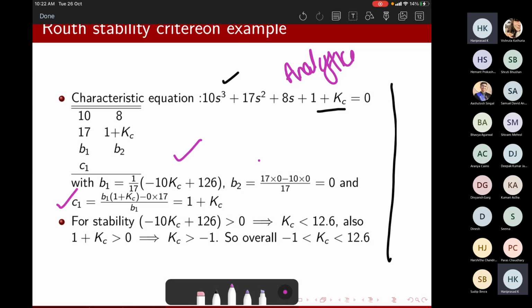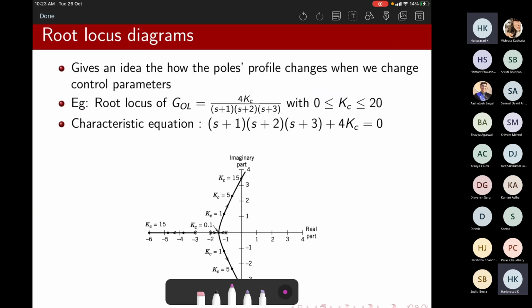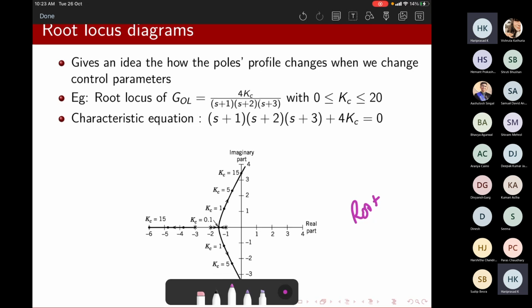It is numerical, and it gives you an analytical solution of whether there is stability or instability. But somebody would like to look graphically at how this happens. Then you will be able to draw something known as the root locus diagram.